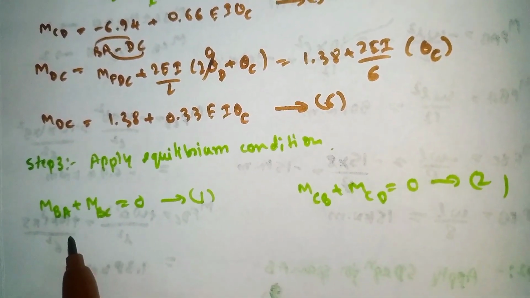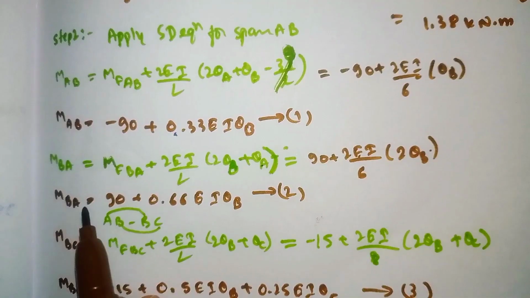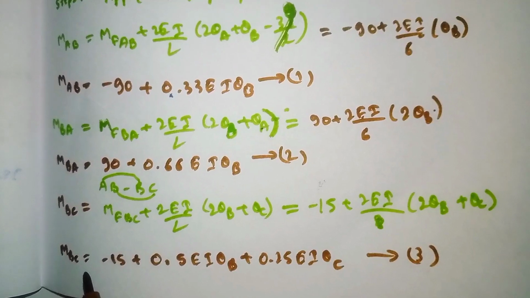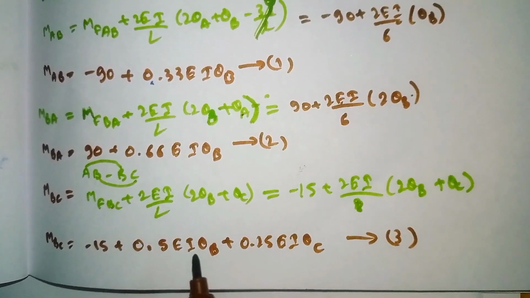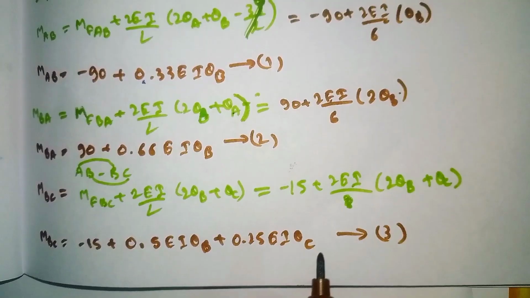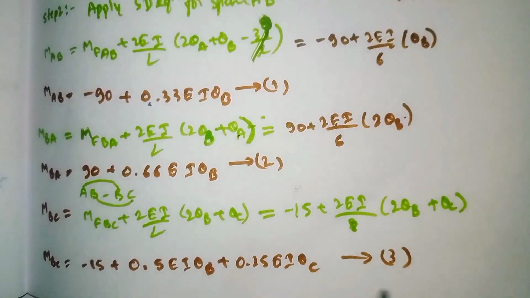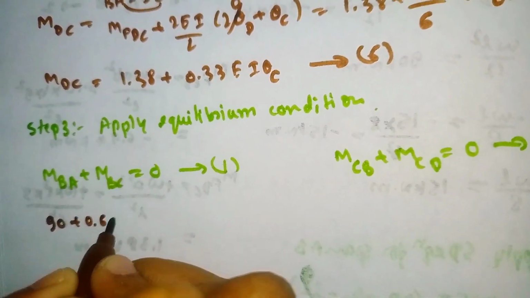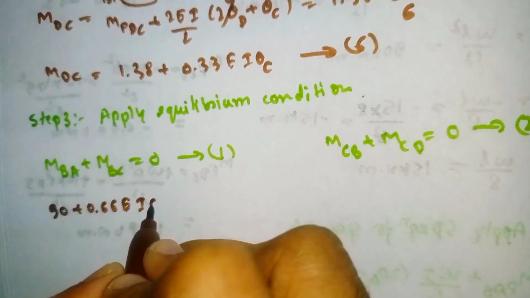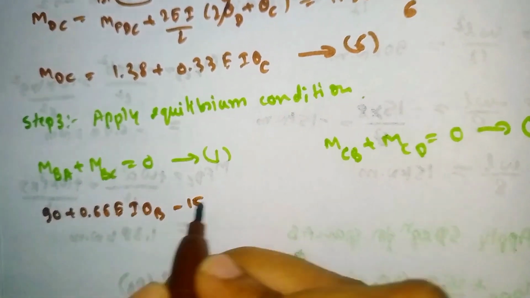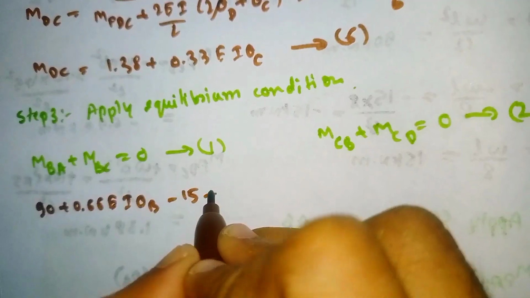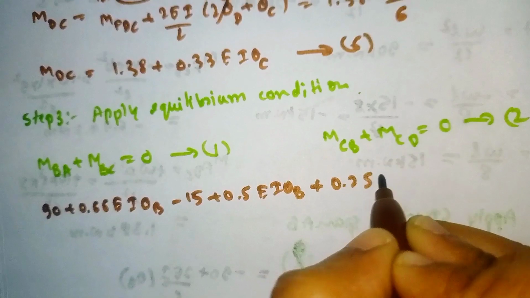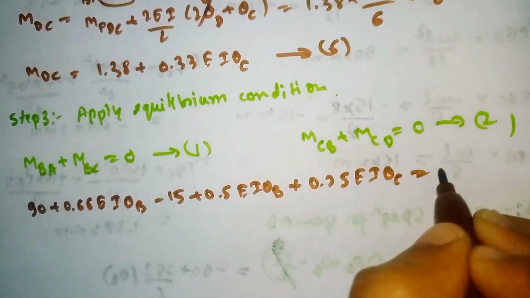Our MBA value we got was 90 plus 0.66 EI theta B, and MBC we got was minus 15 plus 0.5 EI theta B plus 0.25 EI theta C. We need to add these two. So 90 plus 0.66 EI theta B plus minus 15 plus 0.5 EI theta B plus 0.25 EI theta C is equal to 0.